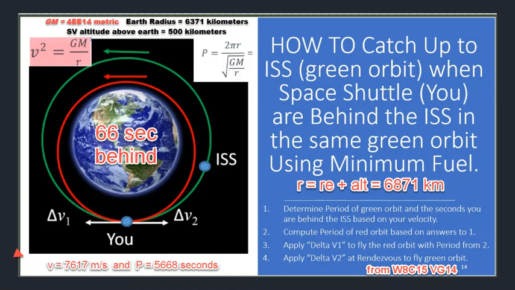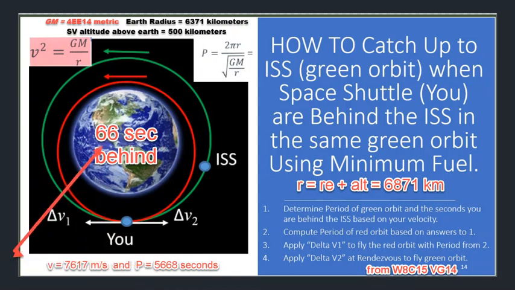So if I make my period of the red orbit 66 seconds less than the period of the green orbit, then after one orbit I will perfectly line up. In other words, the ISS will take 5,668 seconds.